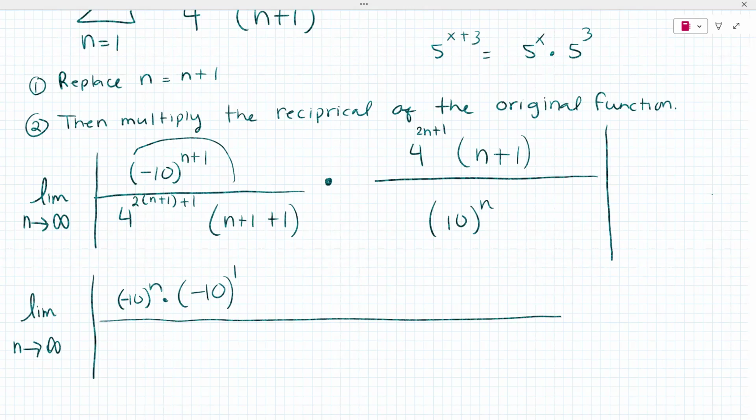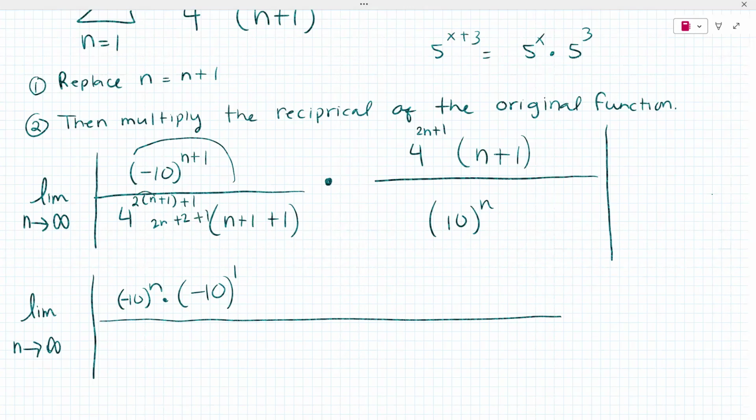And then on the bottom, just FOIL this out. So this would be 2n plus 2 plus 1. When you FOIL out the 2, this is 2n plus 2 plus 1.